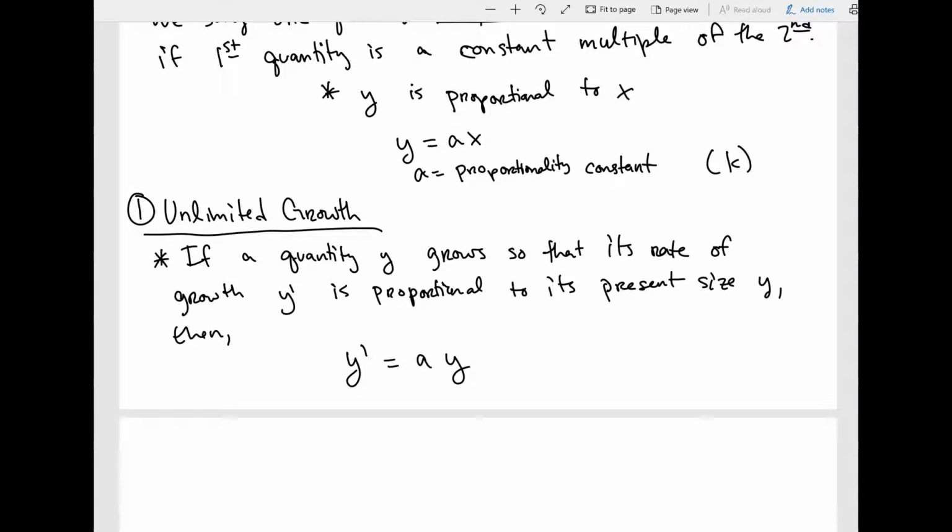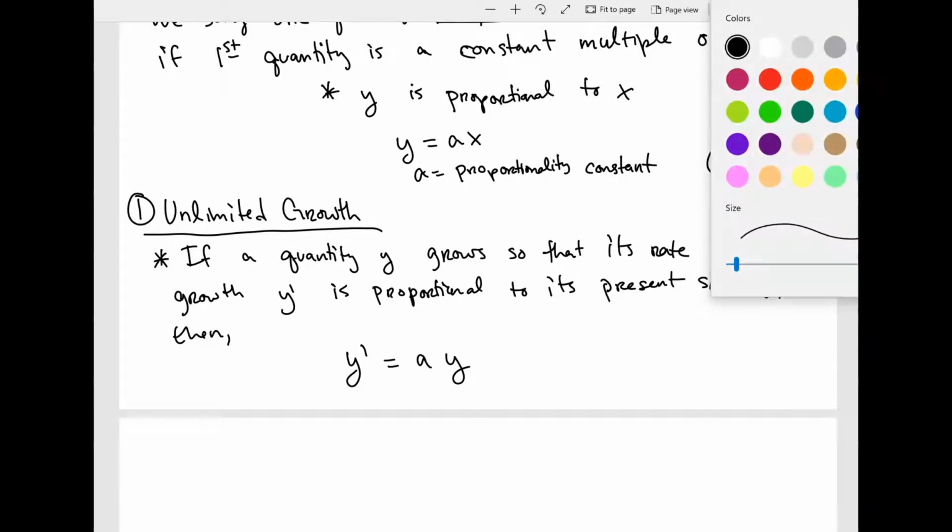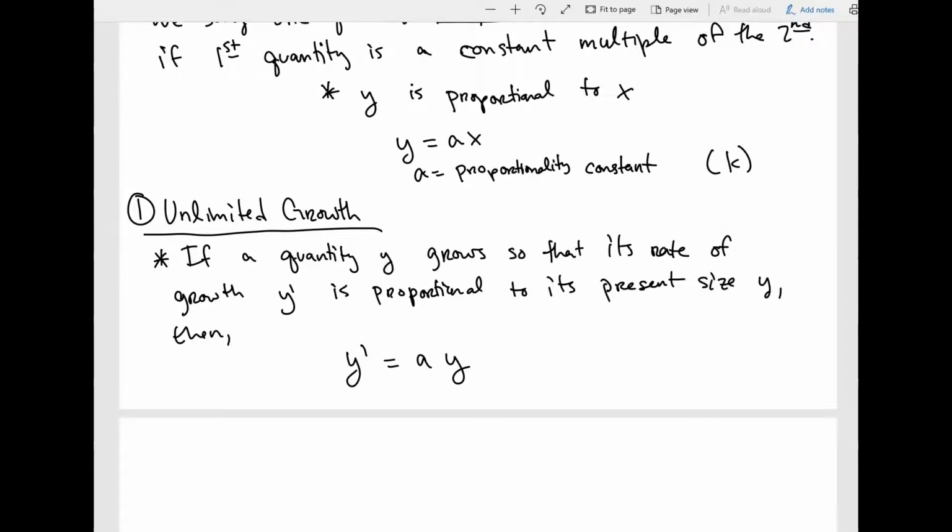So basically what I'm saying here is that the rate at which y is growing is proportional to its present size. Remember, y prime is the rate of change. This is a derivative, so the rate of growth is proportional to the present size, how large this is initially.